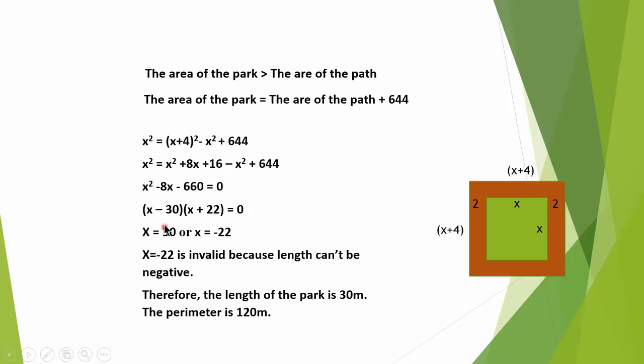These are the two zeros: x equals 30 and x equals negative 22. x equals negative 22 is invalid because length cannot be negative. You have to write this. Therefore, the length of the path is 30 meters. Therefore, the perimeter is 30 times 4, 120 meters.